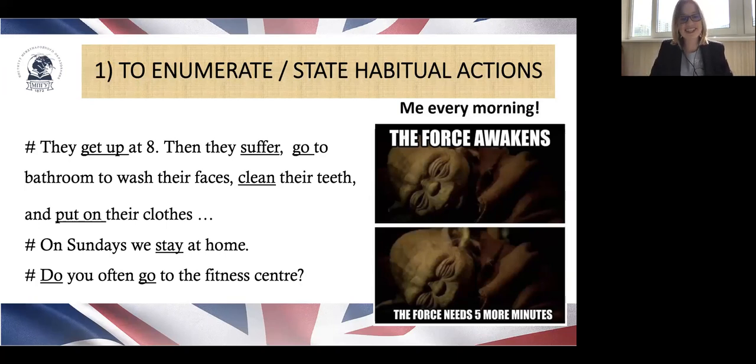The second example says that on Sundays, we stay at home. It happens always. That's why we say that this action is habitual. The next example is in interrogative form, which is a question, and it represents the idea of the frequency of action. Do you often go to the fitness center? In this case, we're again speaking about the habitual action.